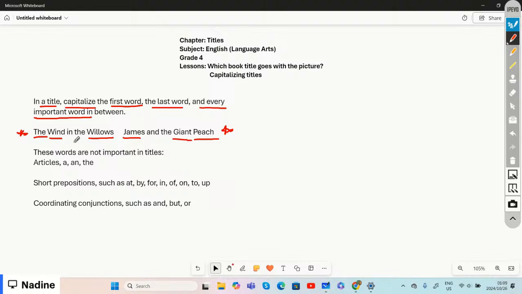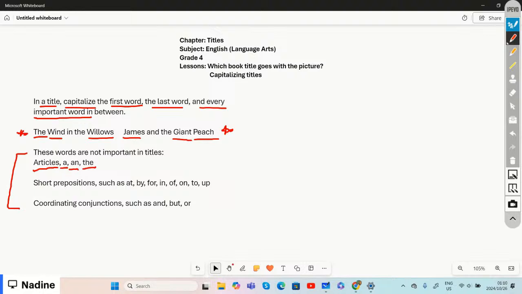But now, do you see words that are still in between, such as in and the? Those are not important words. So, words within a title that are not important are articles. Articles are words like a and the.